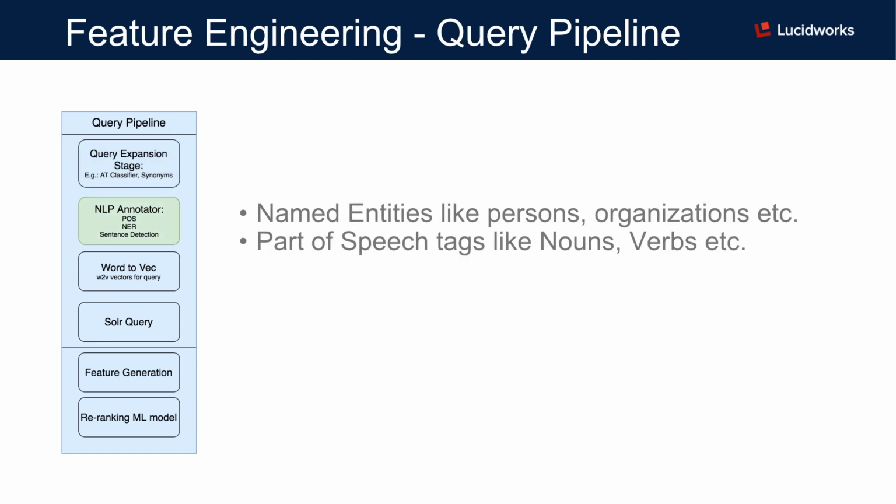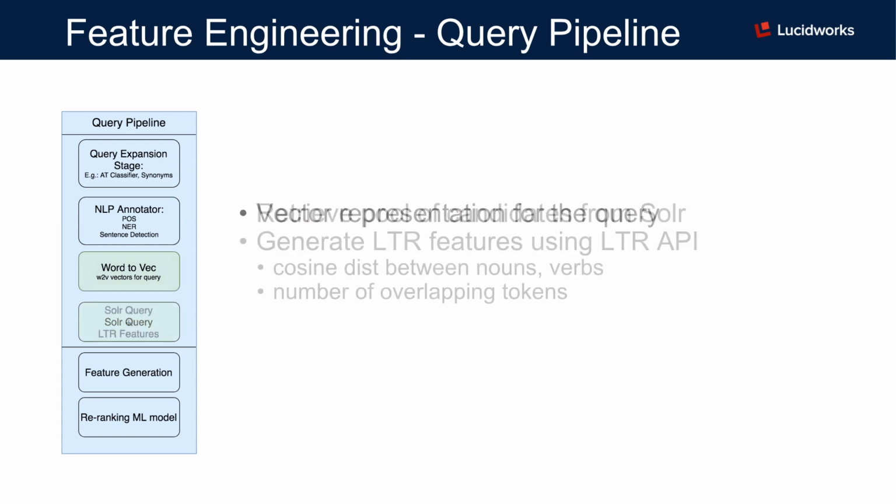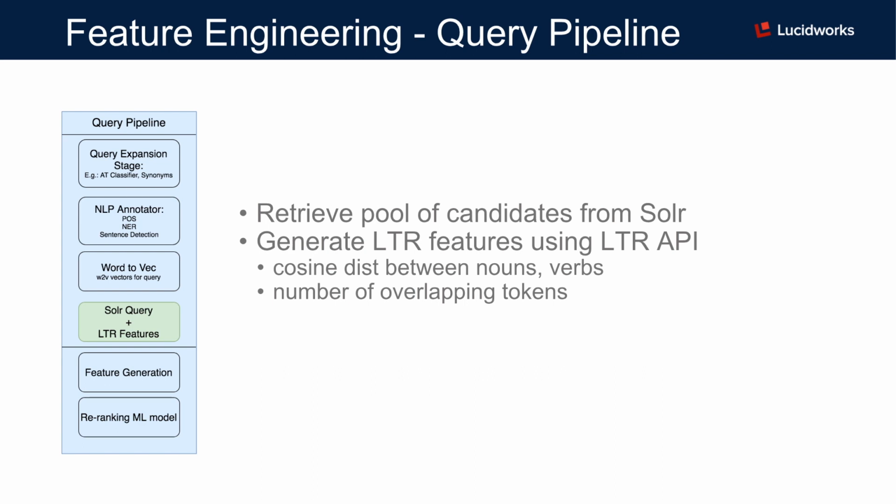Next stages are similar to what we already saw in the index pipeline. It's the NLP annotator that does NER and POS extraction for incoming queries. And next, the Word2Vec stage that computes cosine similarity between question and answer vectors. All these things are then used as features. Now we can hit Solr and get a candidate pool of documents and generate LTR features for it.